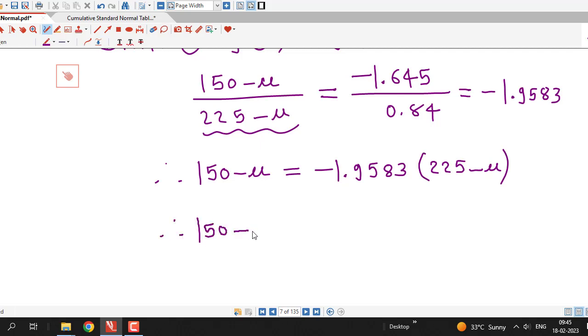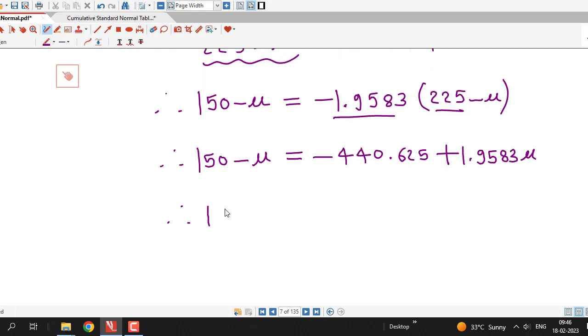Therefore, 150 minus mu, this is going to be this quantity into 225. So we have negative 440.625 minus minus plus 1.9583 mu.